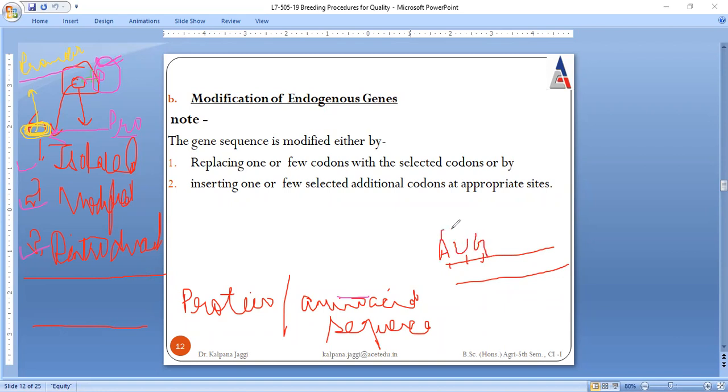Then you know three bases code for one codon, which is read by the messenger RNA on the ribosome, and it gives rise to the protein, right? I won't go into the detailed mechanism of transcription.